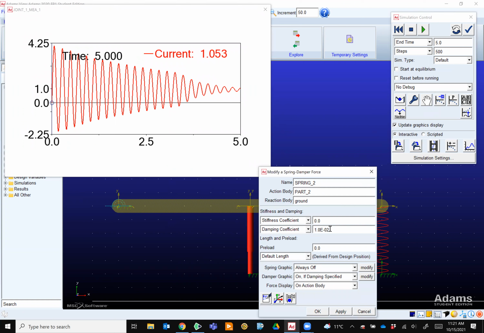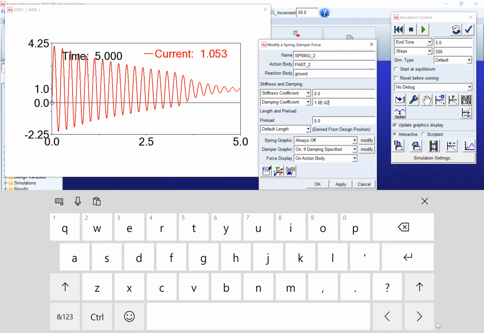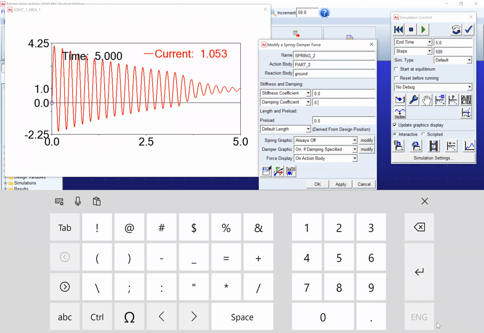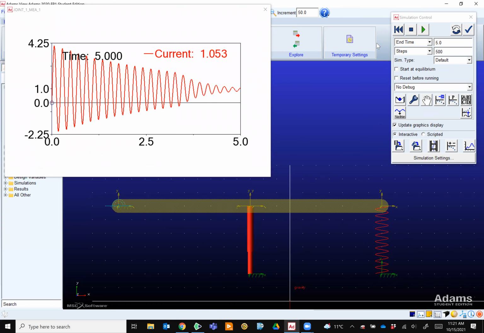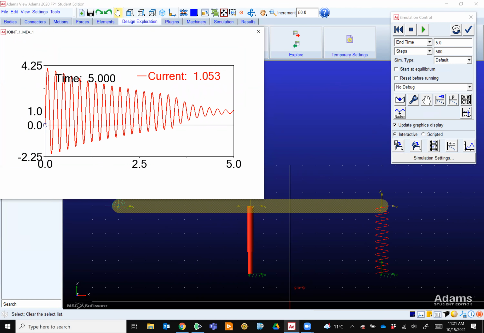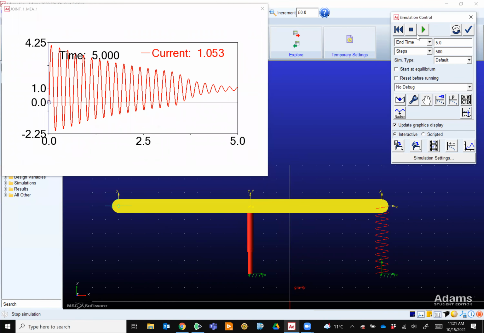So let's say instead of a very small damping ratio, I set it to maybe just 0.1. Now let's run the system and see what will happen.